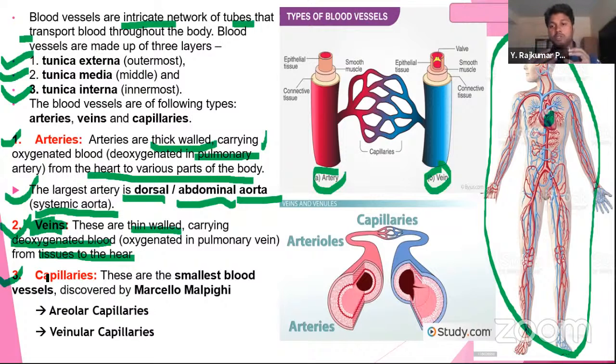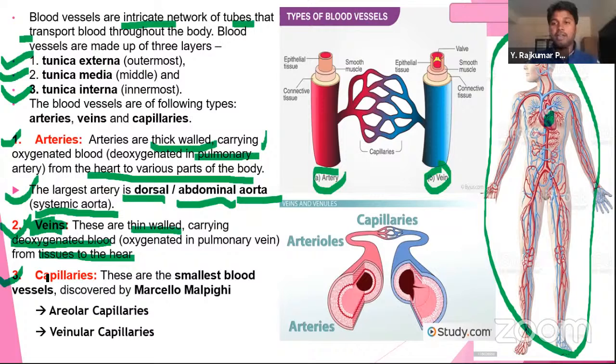As they go towards all parts of the body, they divide into branches and convert into small tubules. You can see a tree as an example. The stem of the tree is very large in size. As it moves upward, at the end you can see the small branch, which is very tiny, isn't it?